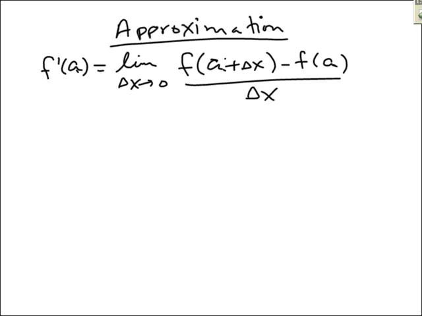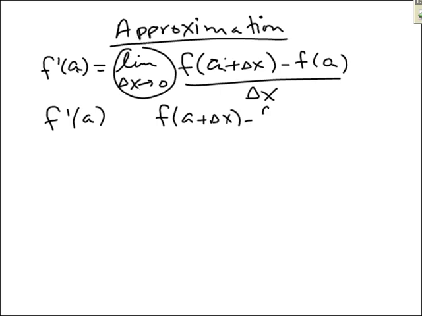Okay, now, if I remove the limit, if I remove the fact that delta x is approaching 0, I get approximation. But that's only if delta x is small. If delta x is very large, the left side and the right side don't have to be anywhere near one another.